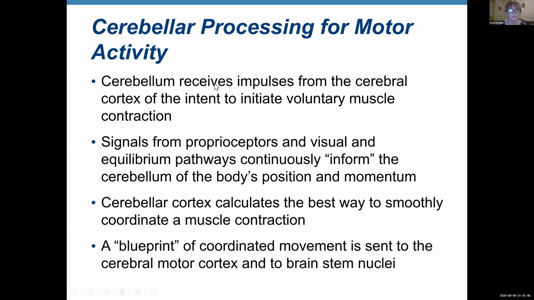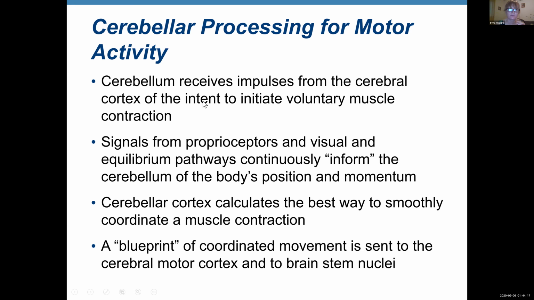The cerebellum receives impulses from the cerebral cortex of the intent to initiate voluntary muscle contraction. So when you decide to move any part of your body, this initial thought originates from your cerebral cortex, the pre-central gyrus, the primary motor cortex.